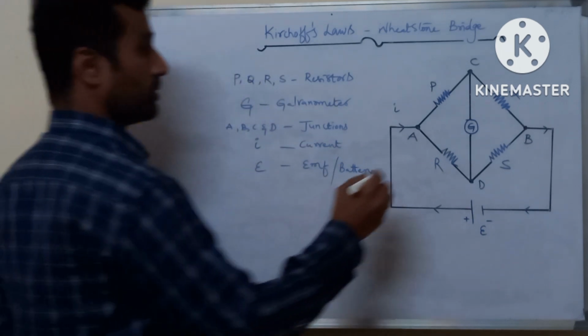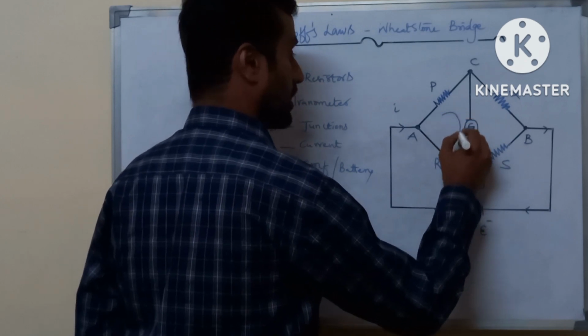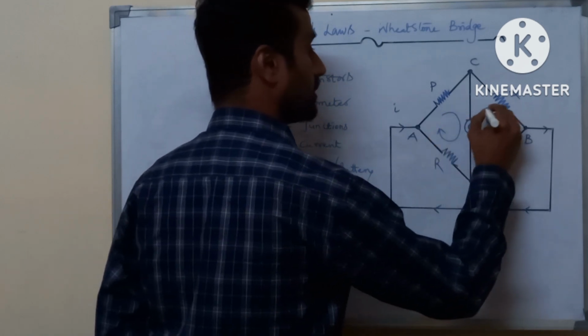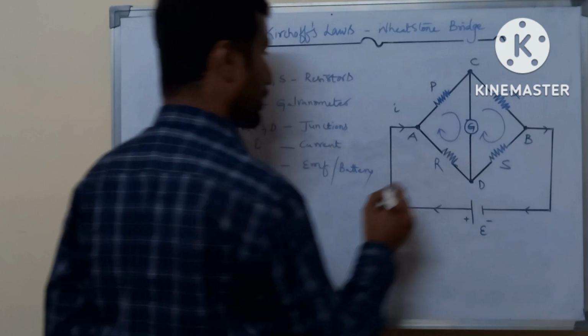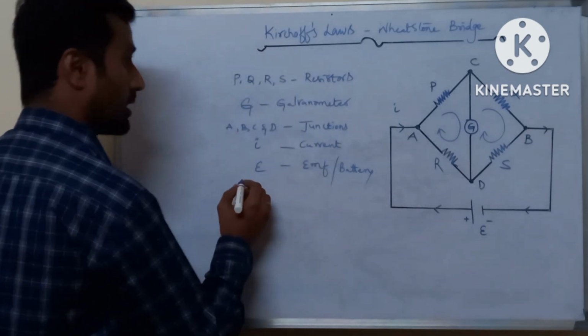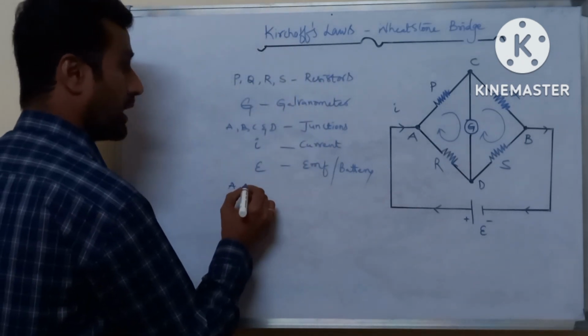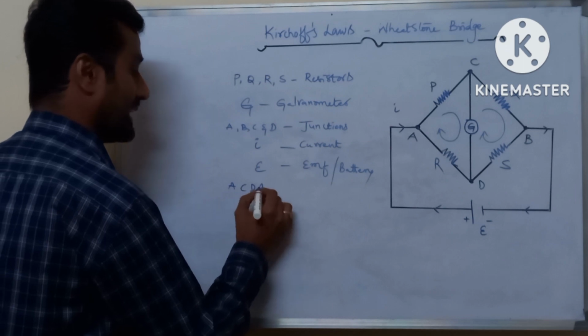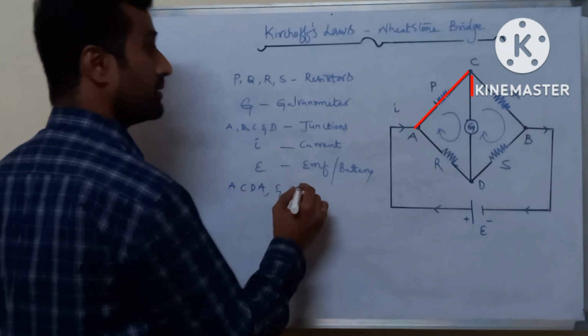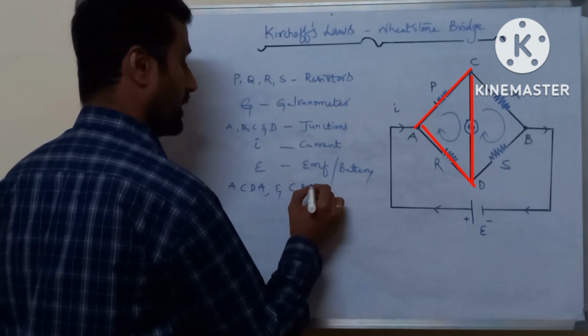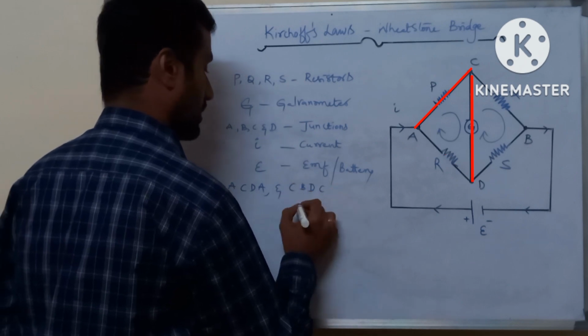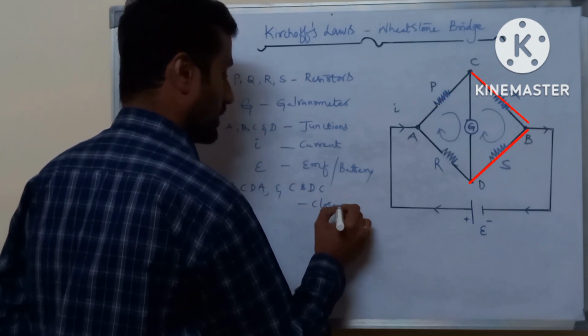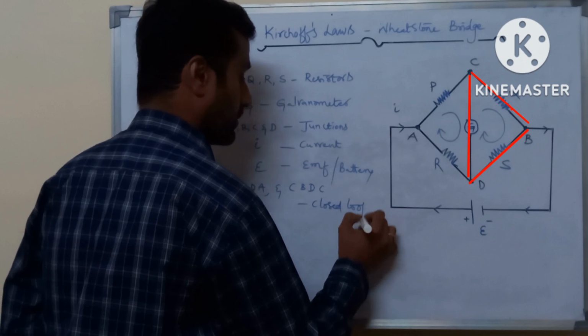Also here there exist two closed loops. Those are A, C, D, A and C, B, D, C. Closed loops.